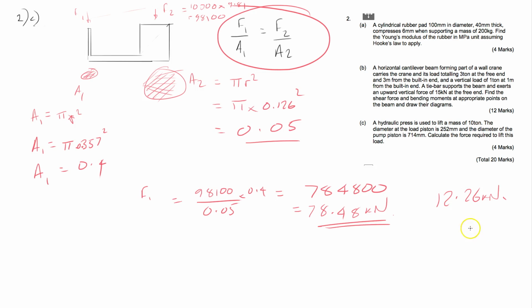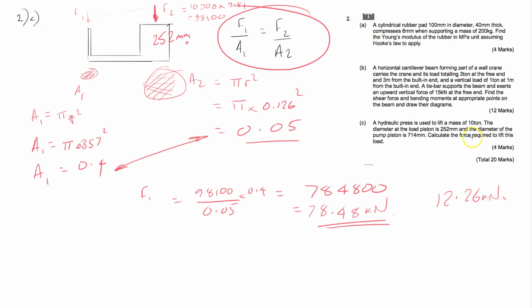kilonewtons. And you will get that answer if you actually swap these two round. Now the way I've read that, the diameter of the load piston, this is where the load is, 252 millimeters, which is quite small.